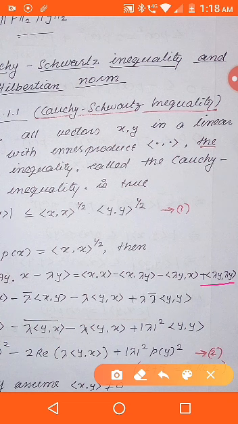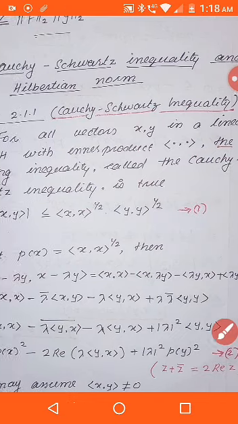If you take it from the first argument, it will be lambda. If you take it from the second argument, it will be lambda conjugate, that is lambda conjugate times the inner product of y. Lambda conjugate, or lambda bar, is of the z bar form, so z times z bar is modulus of z square, that is modulus of lambda square.